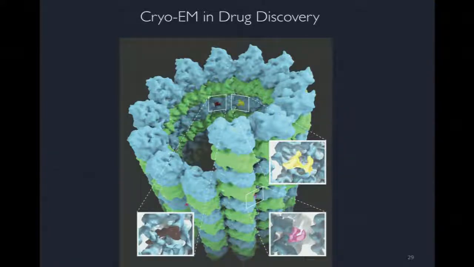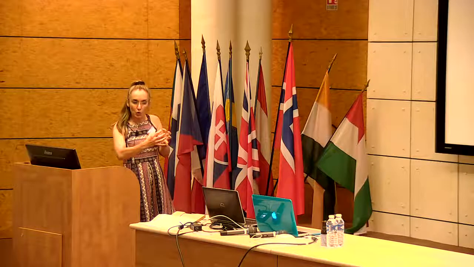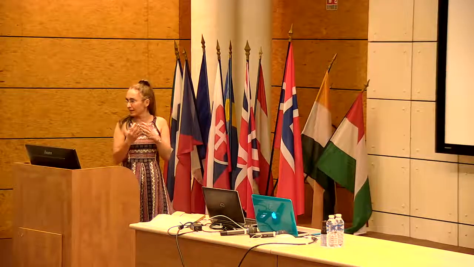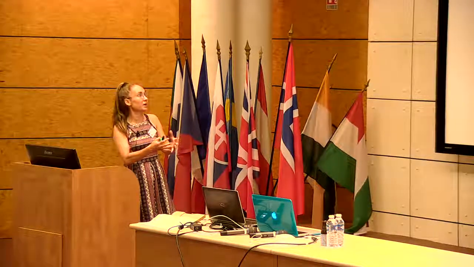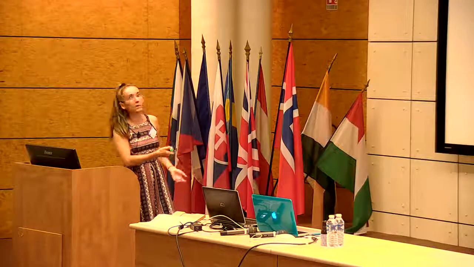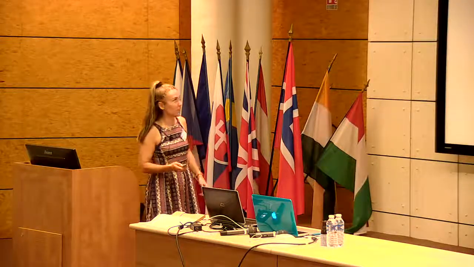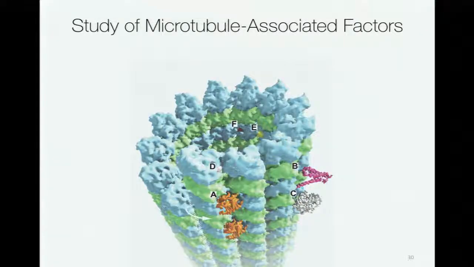Hopefully the resolution will get better to be able to visualize the binding site of drugs, and in many cases to orient them sufficiently that it will guide us to what they're interacting with and what chemical modalities are important for the interaction. But of course, apart from the pharmaceutical interest, there are myriads of proteins that interact with microtubules.